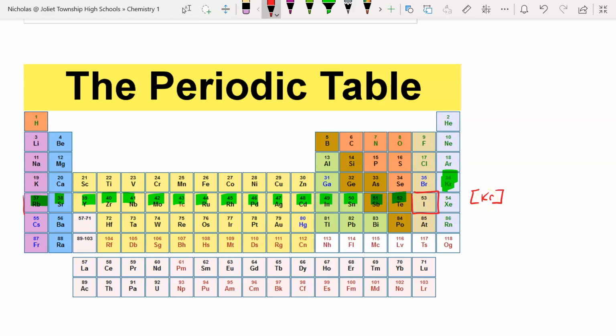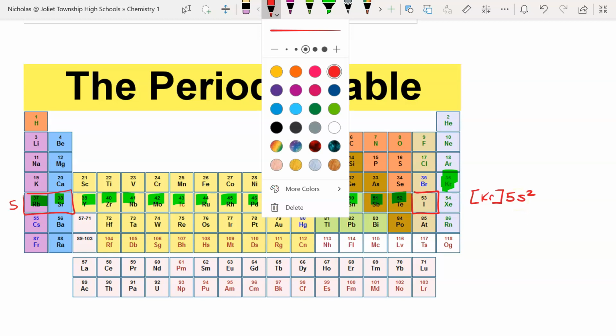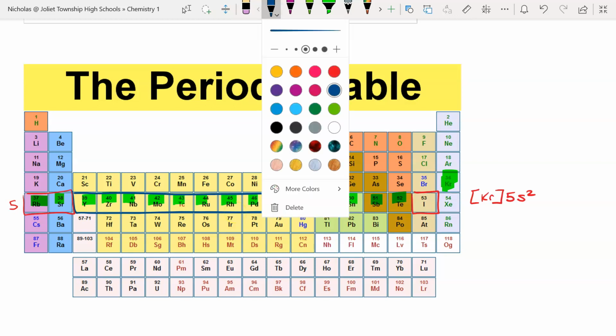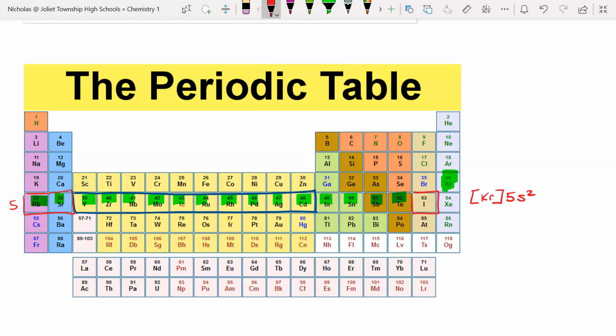We have this entire S block, and this is row 5, so 5s2. We use a different color. We are going to include the entire D block, so 4d10. And then we are 1, 2, 3, 4, 5 into the P block.